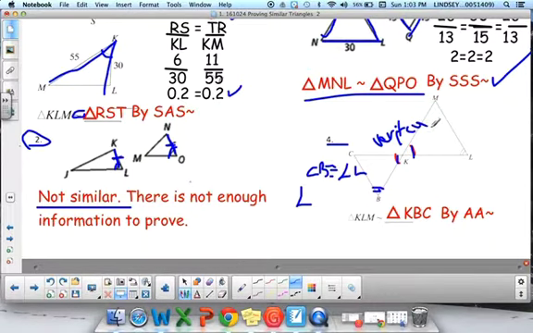Vertical, angle K is congruent to angle K. Therefore, that's all I need. I know that these have to be similar triangles by angle-angle similarity.